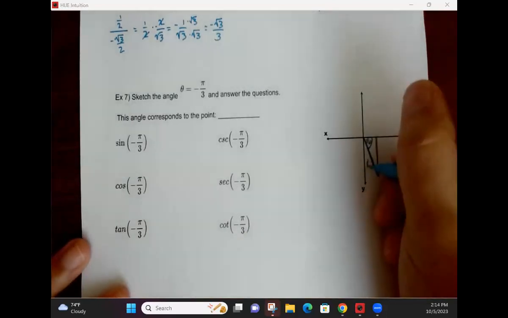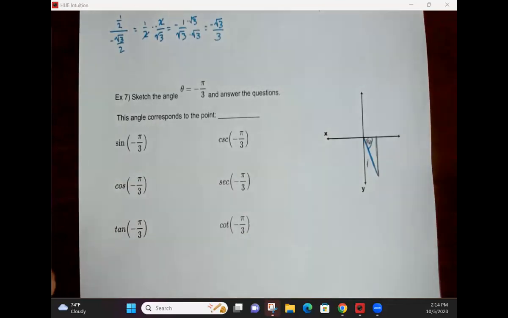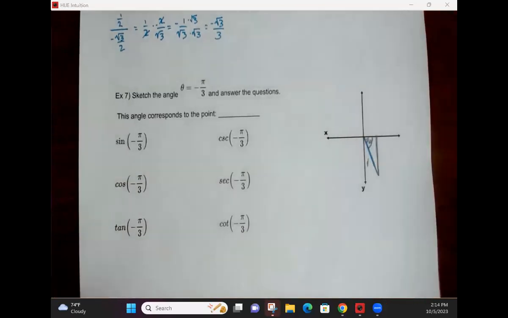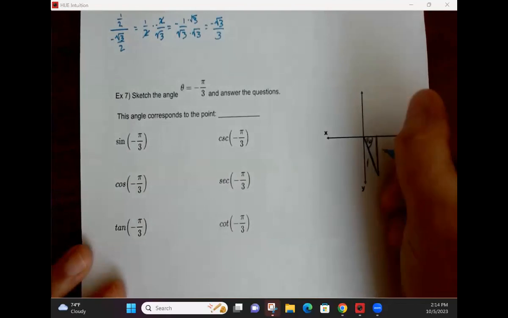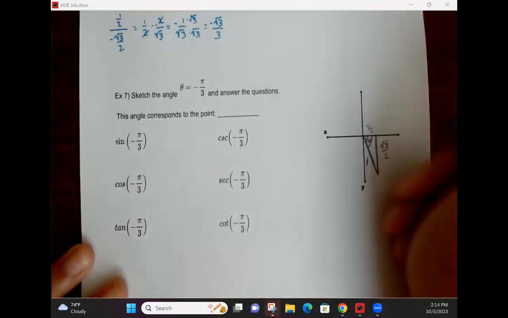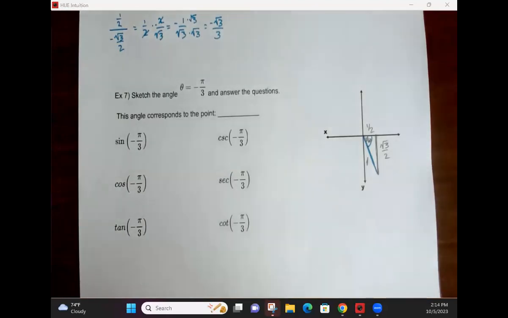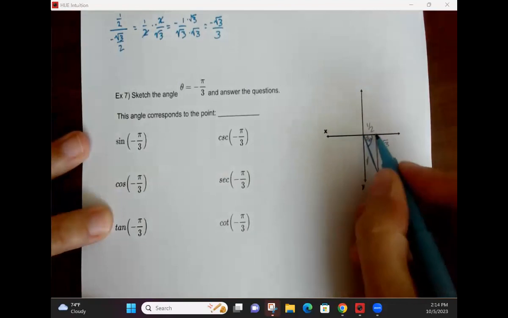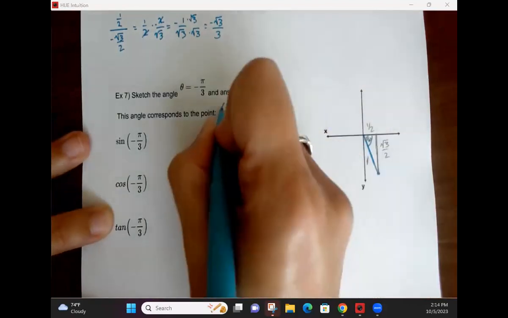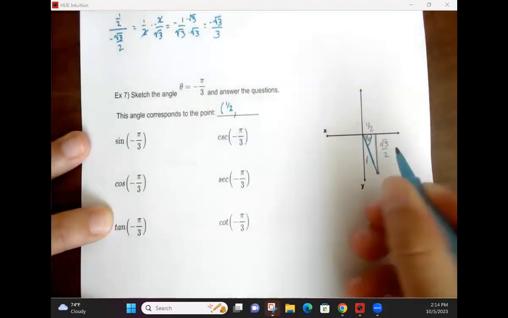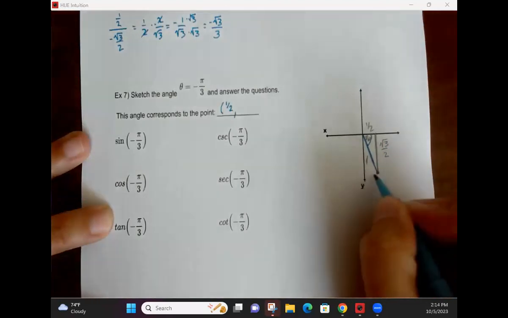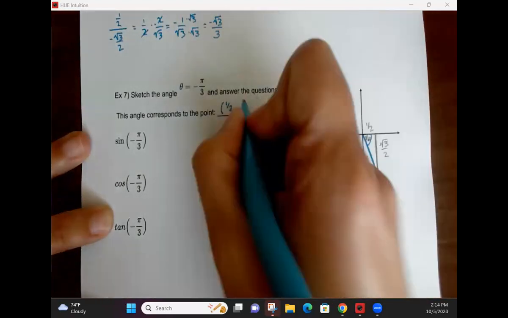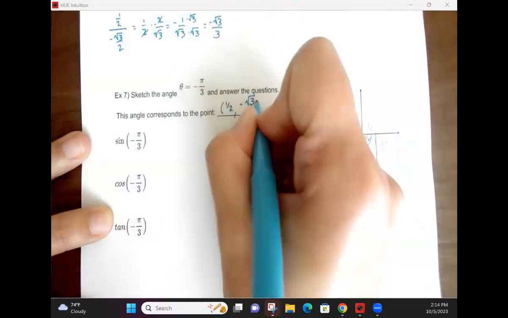So my hypotenuse, again, always 1 when we're talking about the unit circle, since the radius is 1. My long side would be √3 over 2, and my short side is 1/2. So when I translate this to my point, my x coordinate would be positive 1/2. My y coordinate, though, we're on the negative portion of the y-axis, would be -√3 over 2.